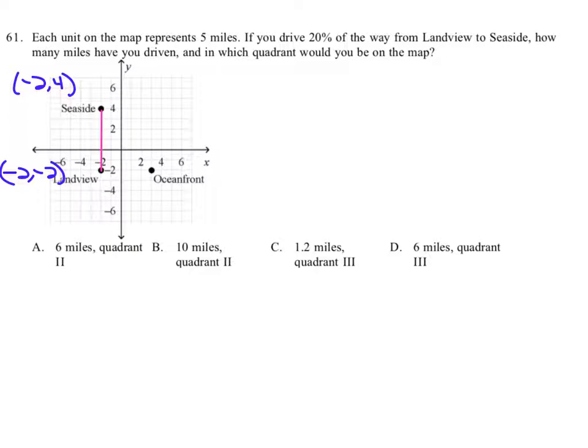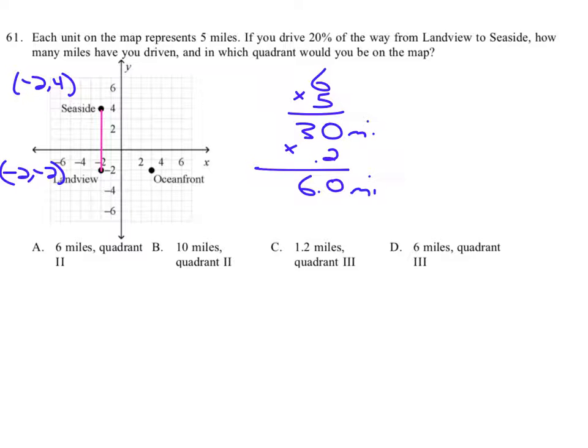Okay, so if there's a full distance of 6 units between them, and 6 times 5 miles is 30 miles between them, then if you drove 20% of the way, you would say times 0.2 is one way that you could do this. 0.2 times 30 is 6, one decimal place.